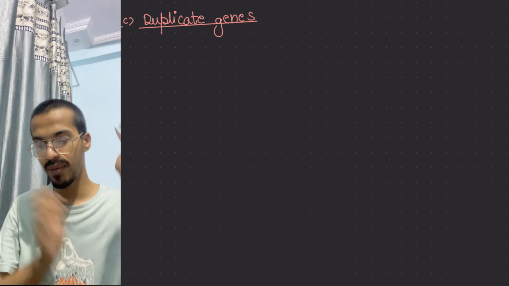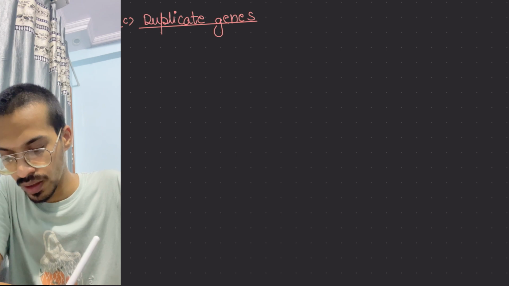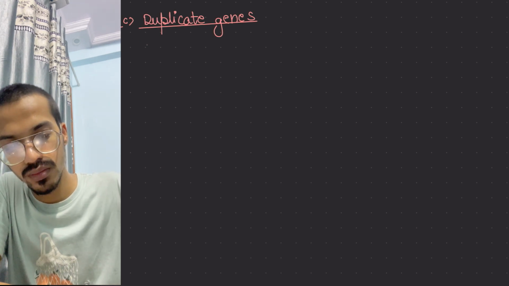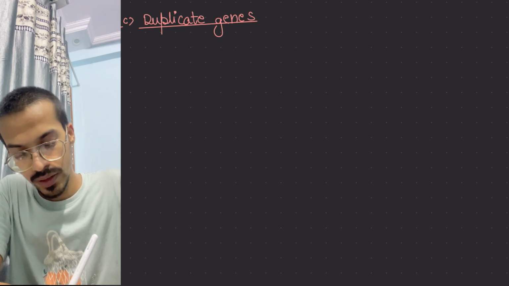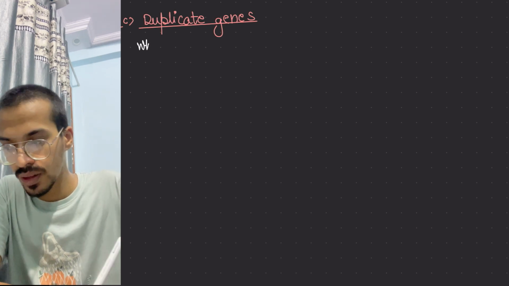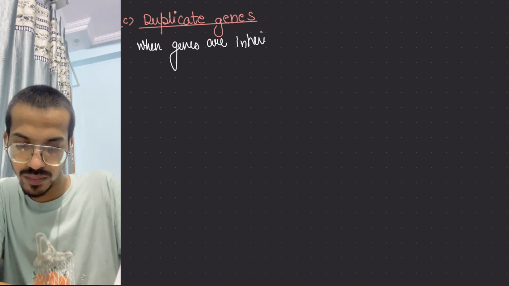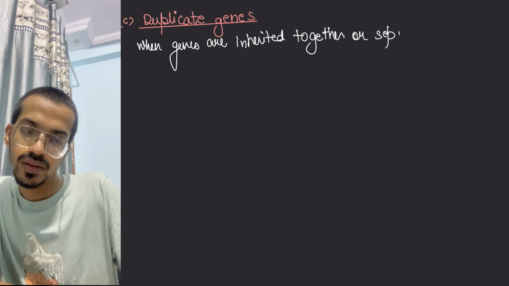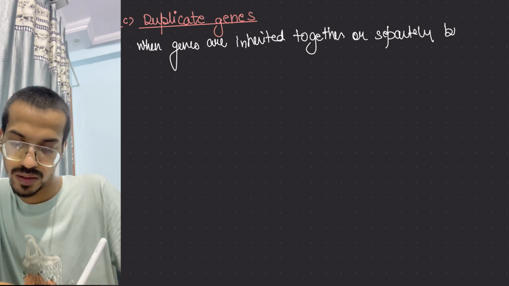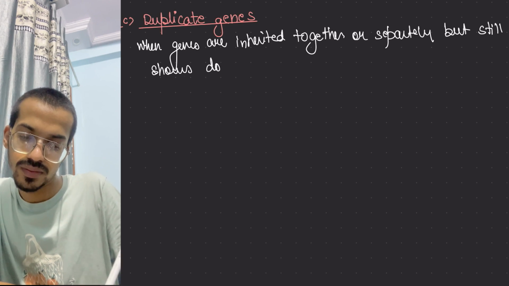Let's see what is happening. In duplicate genes, when genes are inherited together or separately, they still show the dominant effect.